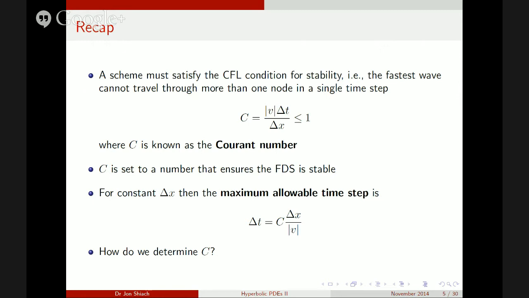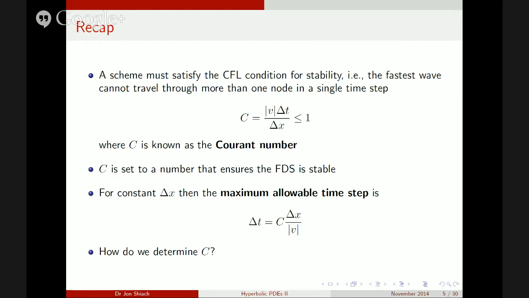If we have a constant spatial step in our grid of delta x, then we can calculate what we call the maximum allowable time step. This is the highest value of delta t for which our scheme remains stable. Quite simply, it's c, the Courant number, times delta x divided by the velocity. Now this is an important question.